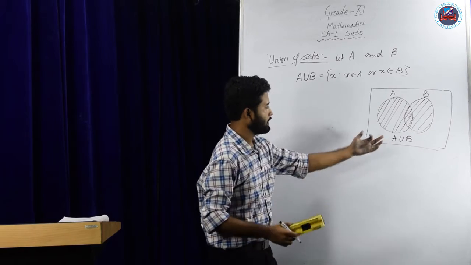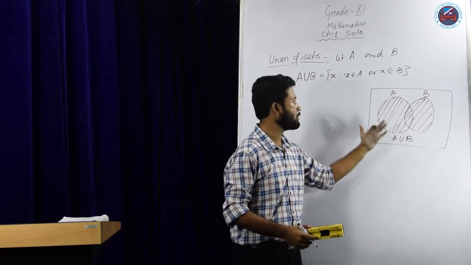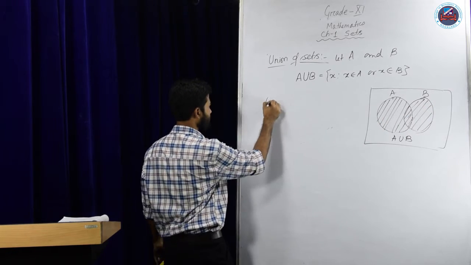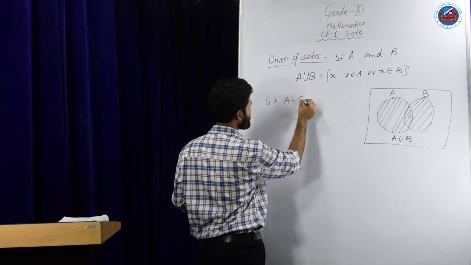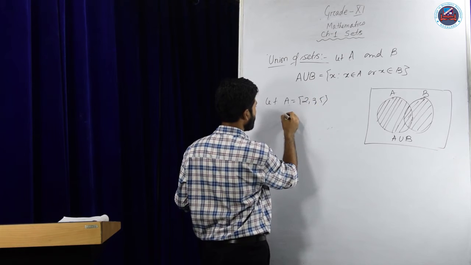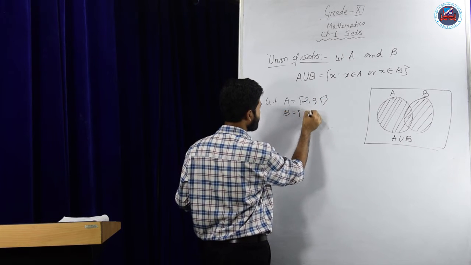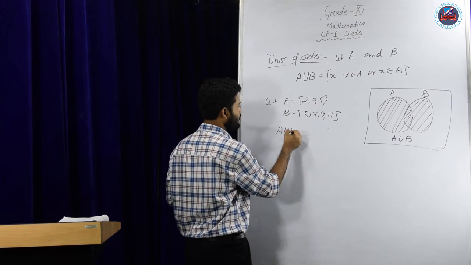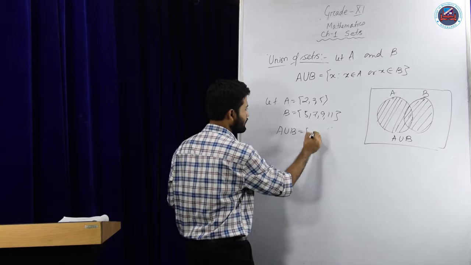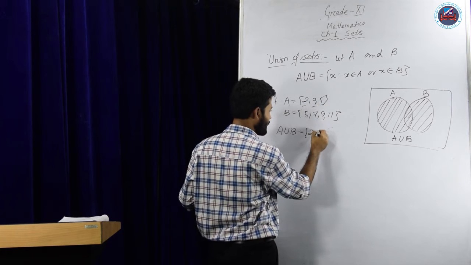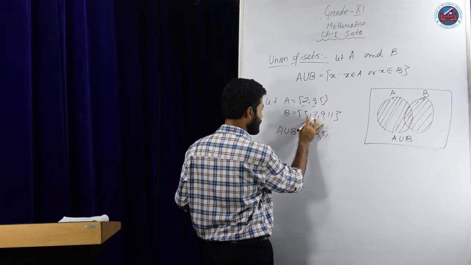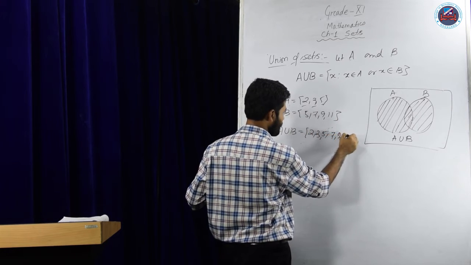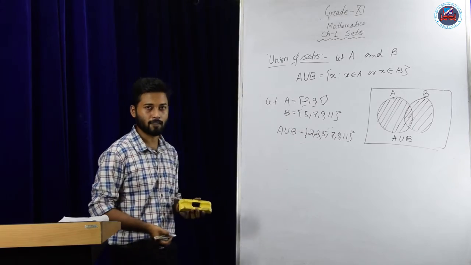That means this particular new set will take all the elements from A and also from B. So for example, if I take A is equal to {2, 3, 5} and B is equal to {5, 7, 9, 11}, what will be our A union B? It will be 2, 3, 5 we have to take first, then 5, 7, 9, 11. So 5 is already written here, then we have 7, 9, 11. So that is all about union of sets.